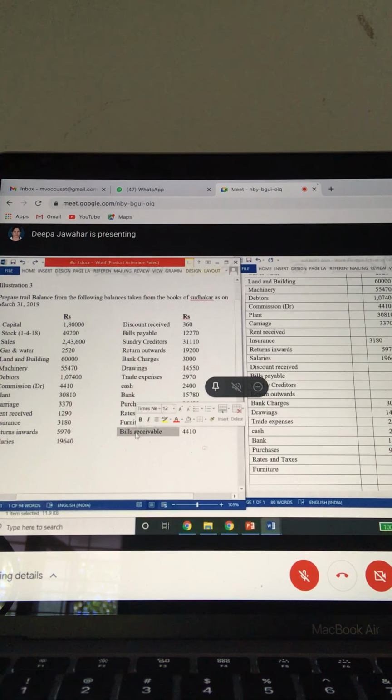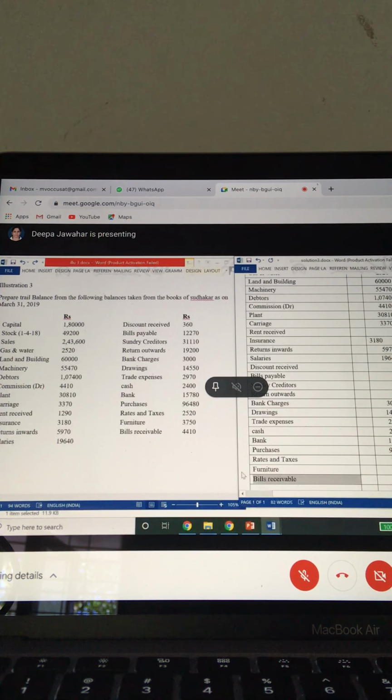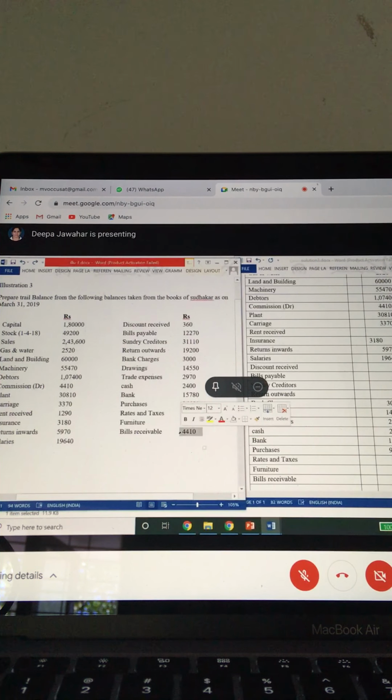Bills receivable. Bills receivable, which means the company will receive that money in future.